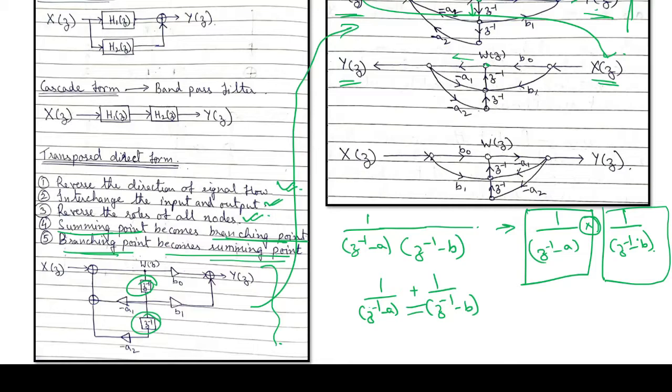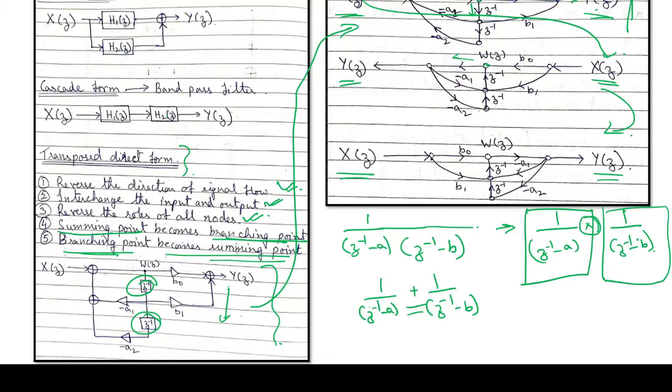Okay, so just by applying these two to three steps, we get the transposed direct form realized. So in the conventional form, where X(z) is on our left hand side and Y(z) is on our right hand side, we get the same thing. Okay, so what is the advantage of this one? In the previous case, in the direct form 2 realization, if you see, there is no feedback loop.